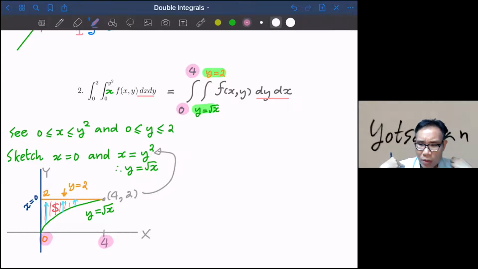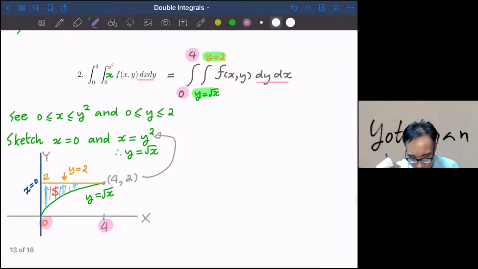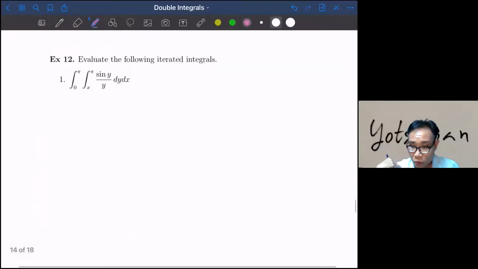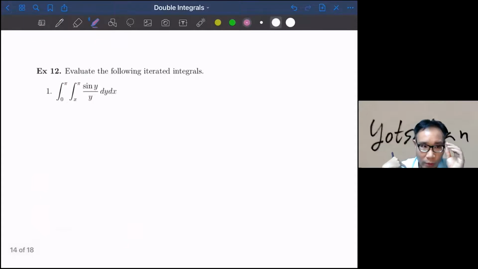Why did we need to change the order? The reason comes from needing to do something like in example 12, where we'd like to evaluate the following iterated integral: the integral from x to pi of sine y over y dy dx, with the outer integral from 0 to pi of dx.